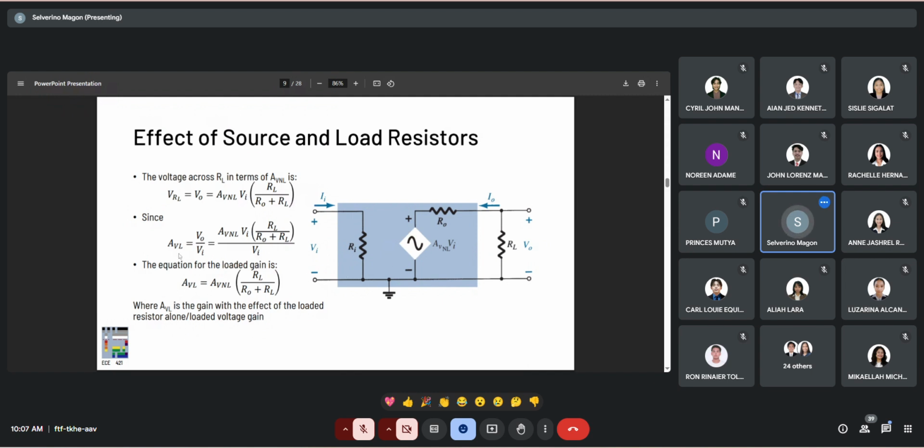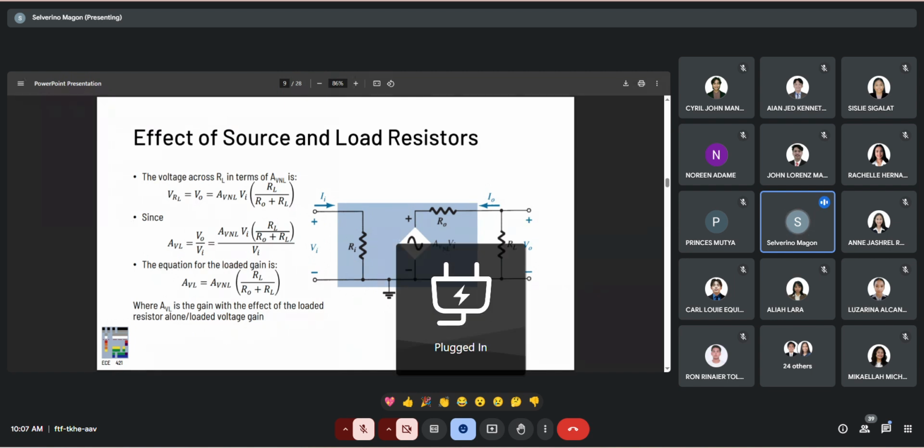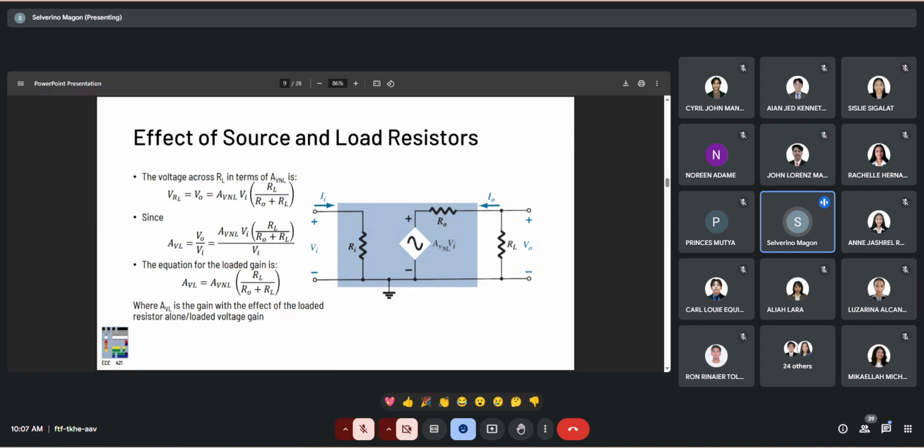And since the no load voltage gain is equal to VO over VI, simplifying this, we can cancel out the VI factors here, and the loaded voltage gain can be related.